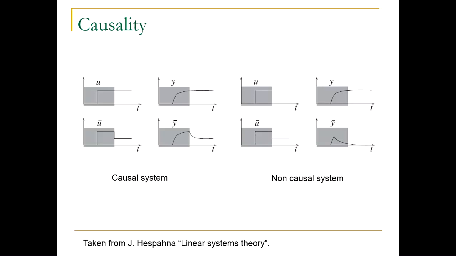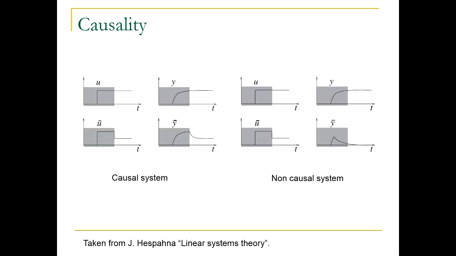But mathematically speaking, we can write some non-causal systems. Mathematically, we can write equations that are not causal, and I will present some examples. But physically, you cannot generate non-causal systems using physical elements like electrical circuits or mechanical systems.